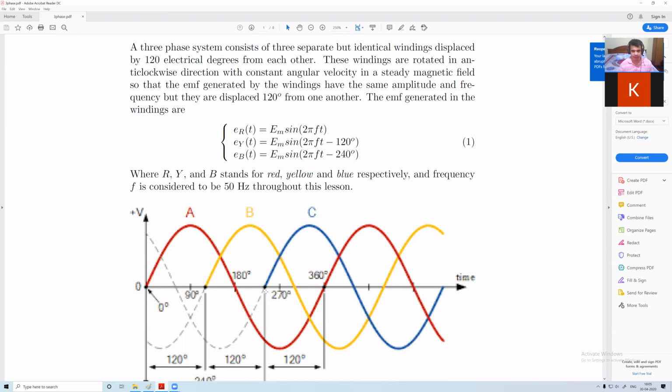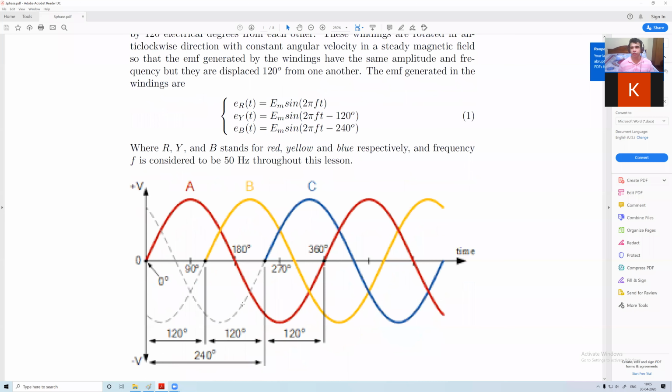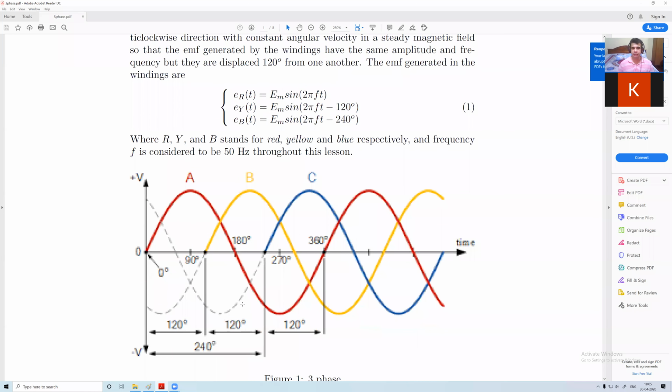And the blue phase is even 120-degree phase shifted as compared to the yellow, or 240-degree phase shifted as compared to the red. So we have three sine waves, and the magnitude and the frequency of all the three waves are exactly the same. The only difference is that each wave is 120-degree phase shifted as compared to the other.